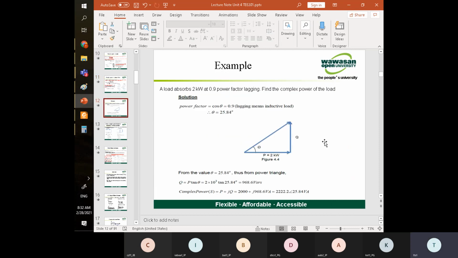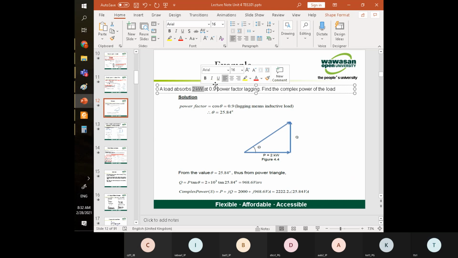Now let's look at the power factor again. In this question, the load is absorbing, consuming 2 kilowatts. So 2 kilowatts is P. And the power factor is given as 0.9 lagging, which means due to an inductive load.